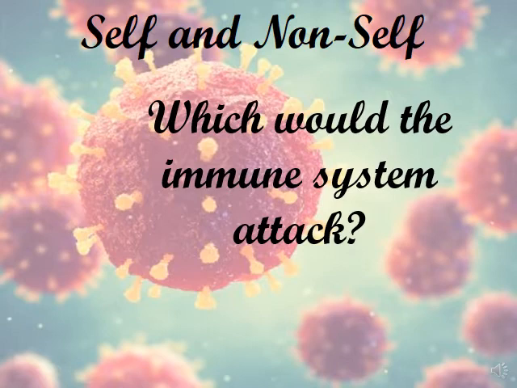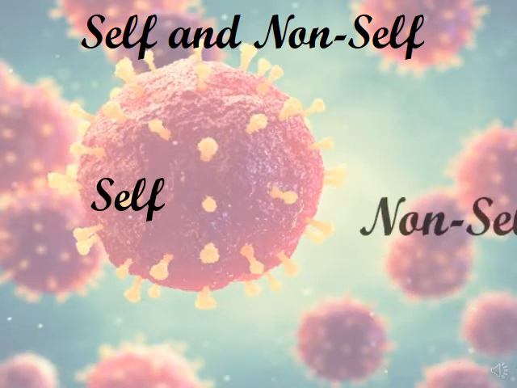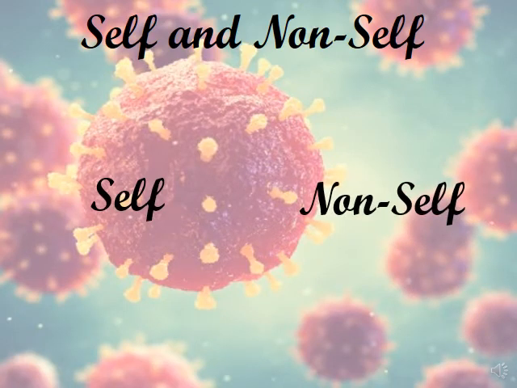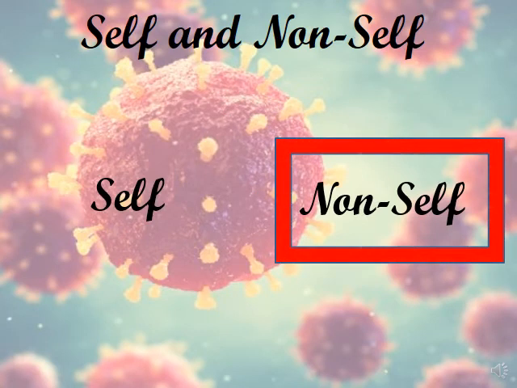So here, the answer for this question, will the immune system attack the self or the non-self? For sure, it will attack the non-self. So the non-self will be attacked by the immune system.